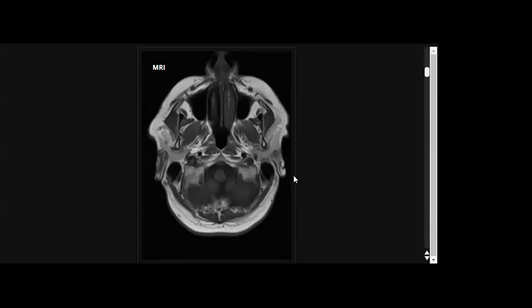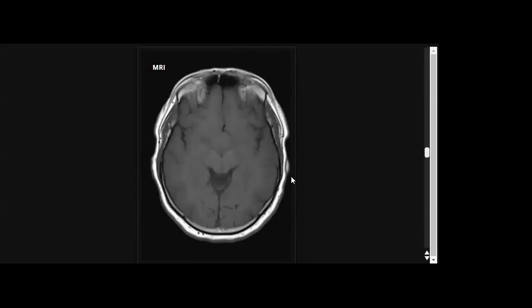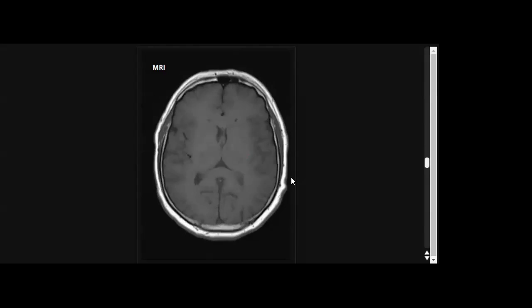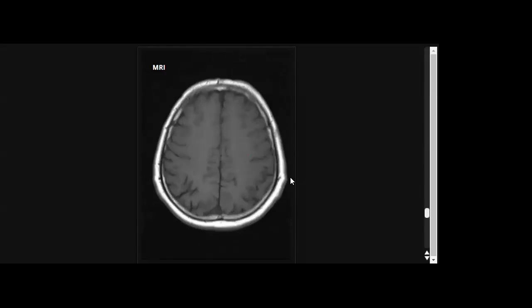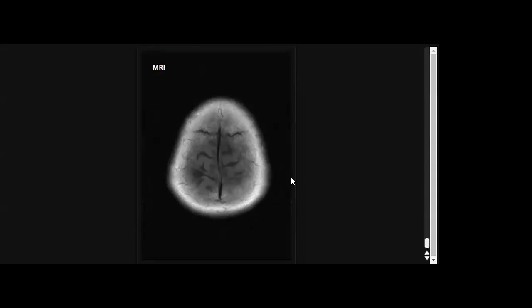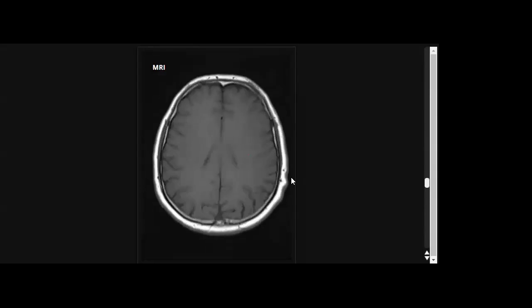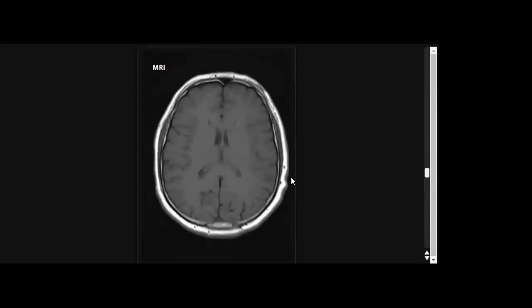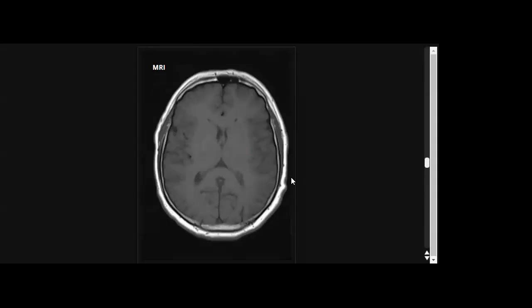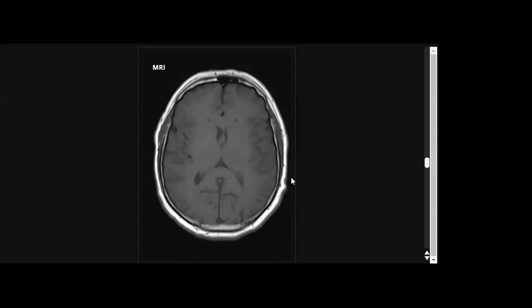Thank you. So I'm provided with axial brain MRI T1 without IV contrast. I'll first scroll through the images. Nothing caught my eye in the first scroll, so I'll go again, checking my review areas, the hidden areas.